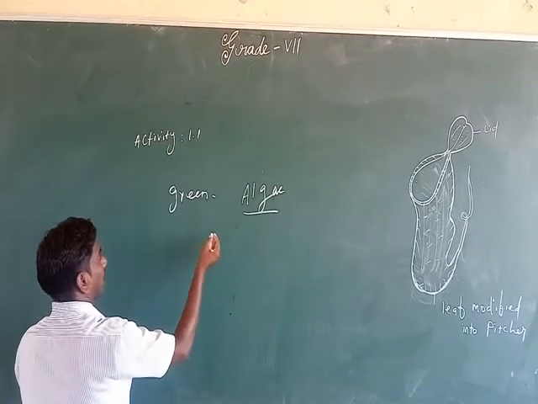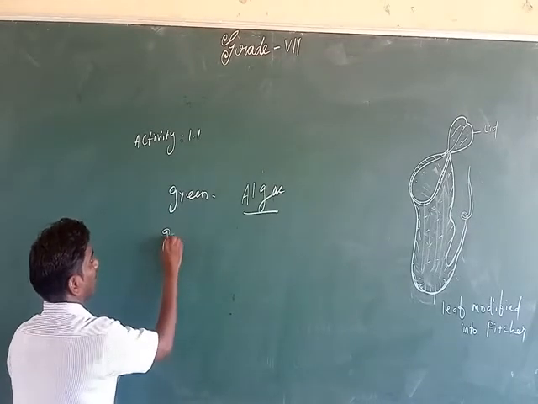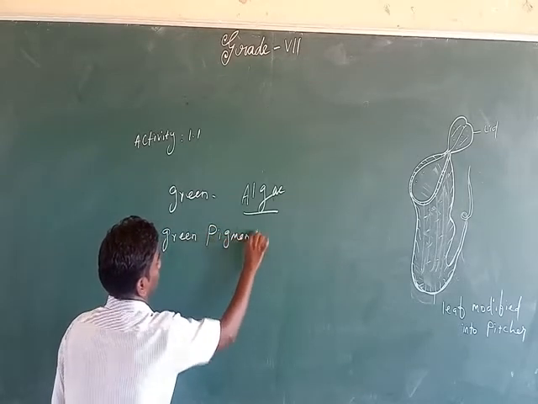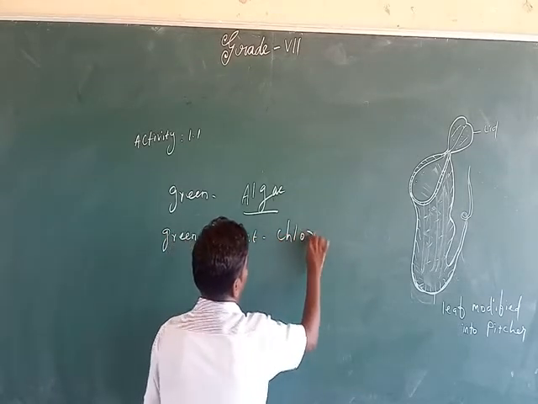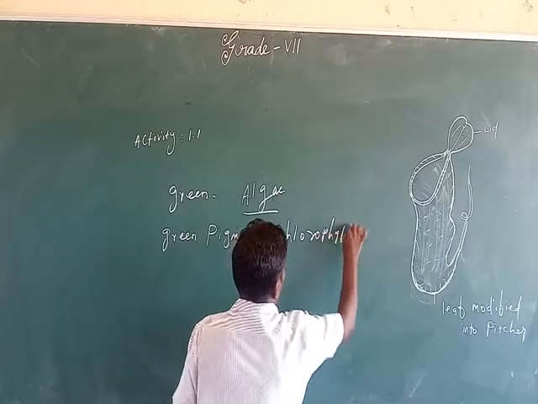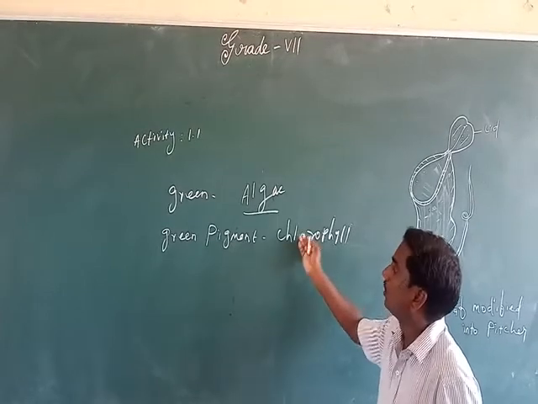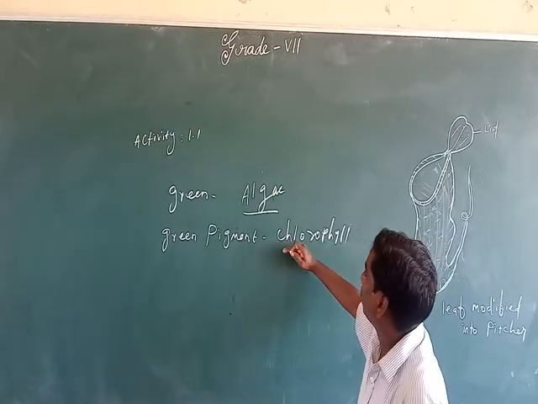Why does that algae look green in color? The algae contains one of the green pigments. What is the name of the pigment? Chlorophyll. So that way the algae can prepare its own food.